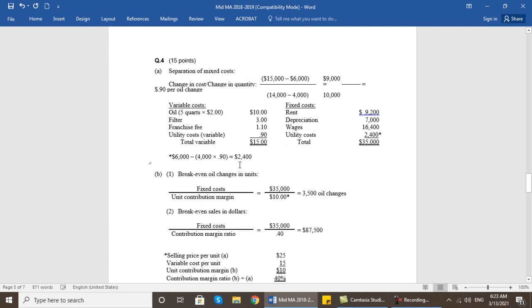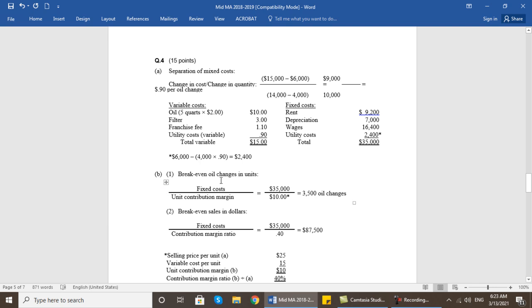We calculate the fixed version from the mixed cost. And here's the variable cost: oil. He said each change needs 5 quarters, each quarter $2, and filters and the franchise fees plus the variable version of utility cost.